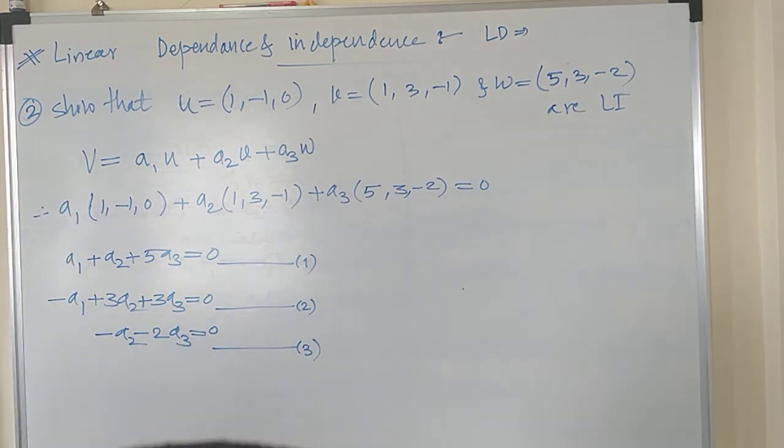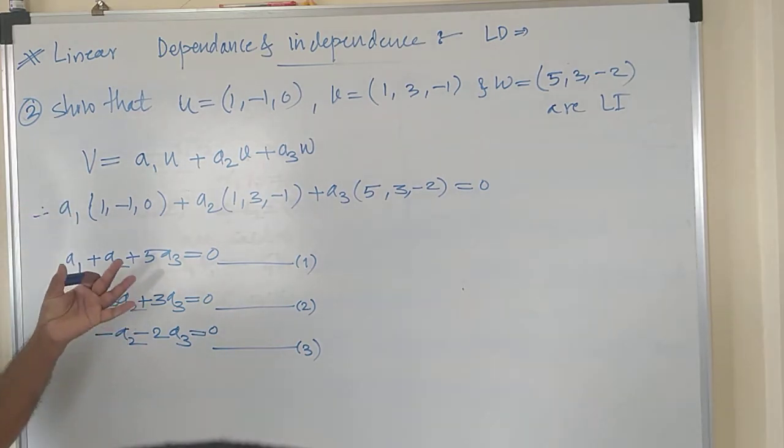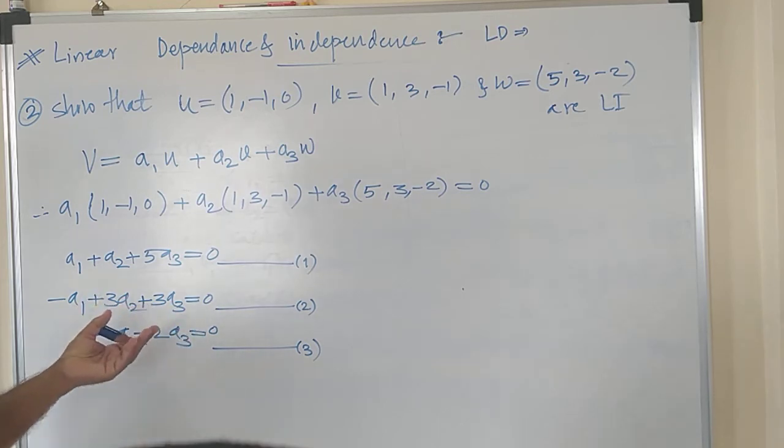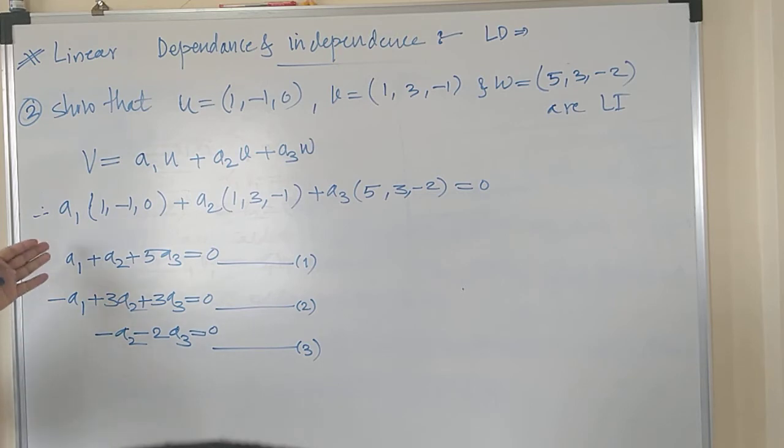So out of these three equations, use any two equations and eliminate or calculate the values of a1, a2 and a3, right? So in order to calculate the values of a2 and a3, let us eliminate a1 first, right?